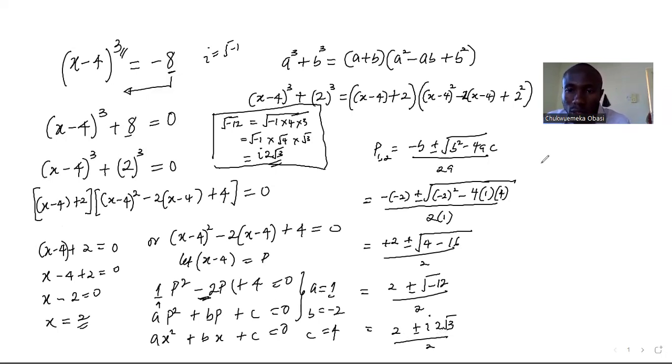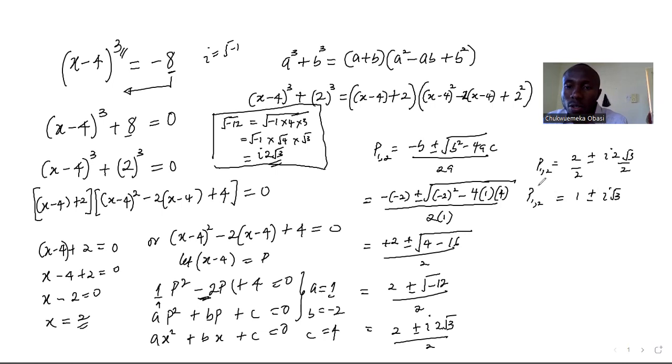Here we have p1,2 going to be 2 plus or minus i2 root 3 divided by 2, divided by 2, right? So of course, these 2's cancel out. So we have 1 plus or minus i root 3, because this 2 is going to cancel out this 2. So this is what we have for p1,2.